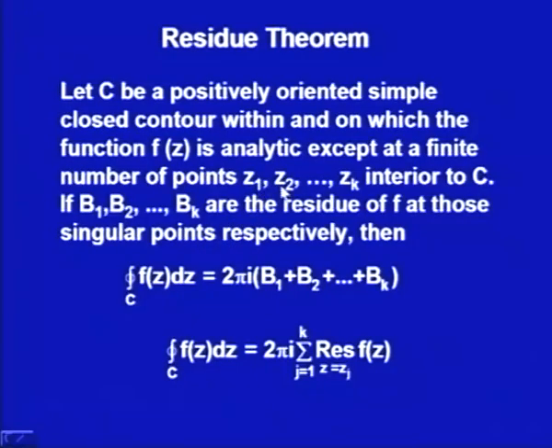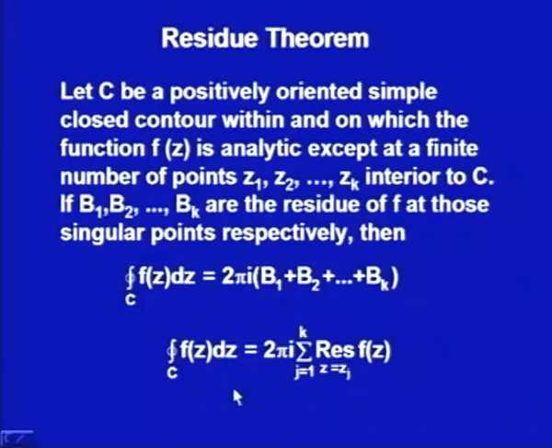If isolated singularities are interior to any closed contour C, they have to be finite, because if they are not finite, then the singularity will not remain isolated. So if the function has only isolated singularities, they must be finite. We are talking about functions which have finitely many isolated singularities.